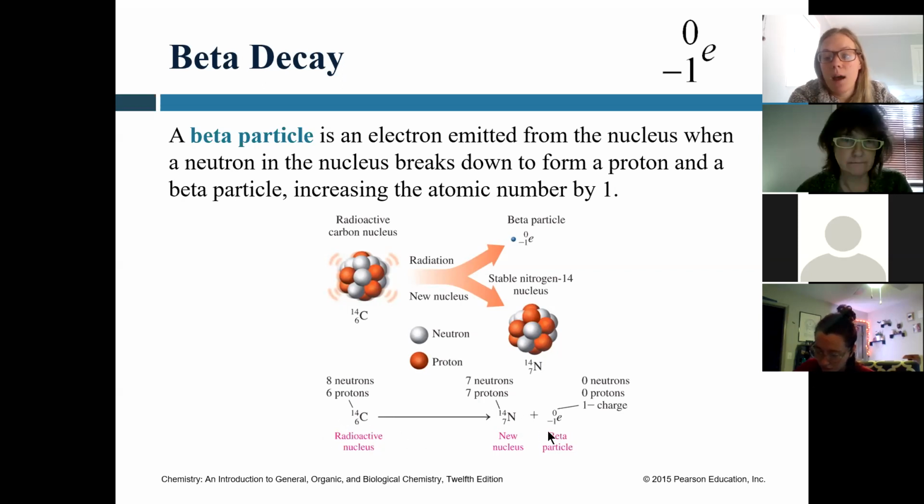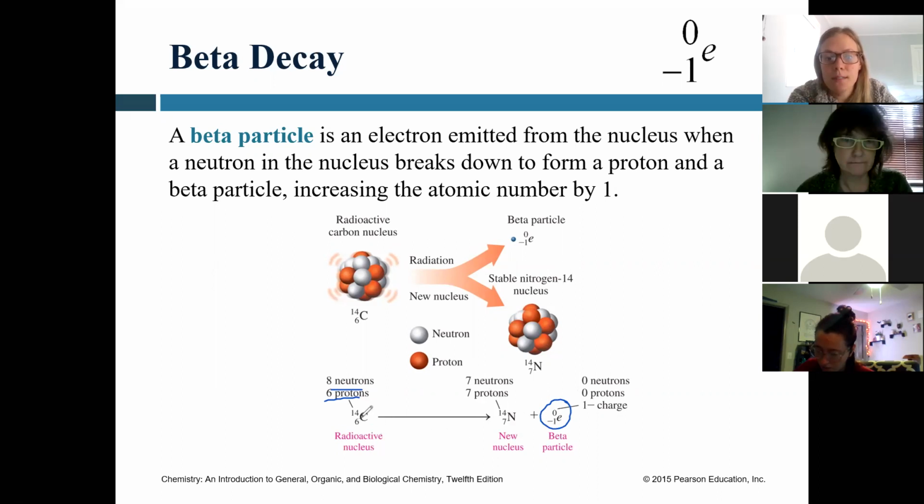So let's look at what that would appear like in a nuclear equation. We have our carbon 14, which has 8 neutrons and 6 protons. We give off one of these. The number here stays the same. This number increases. Why does it increase?